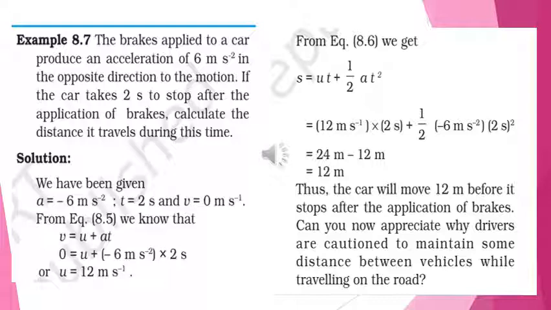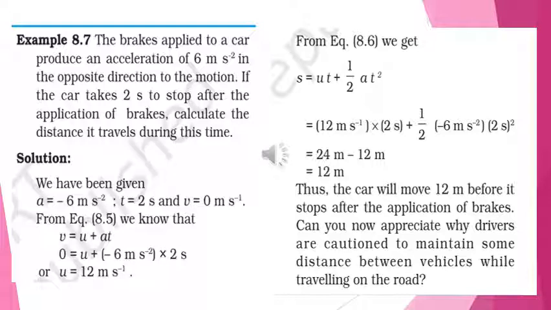You will get the initial velocity, that is 12 meter per second. So from this, now we will take another equation, s equals ut plus half at square. Substitute all the values and calculate. You will get 24 meter minus 12 meter equals 12 meter, and thus the car will move 12 meter before it stops after the application of the brake.